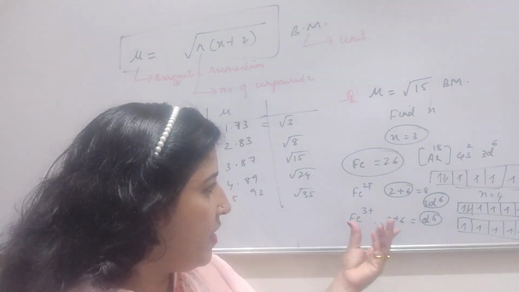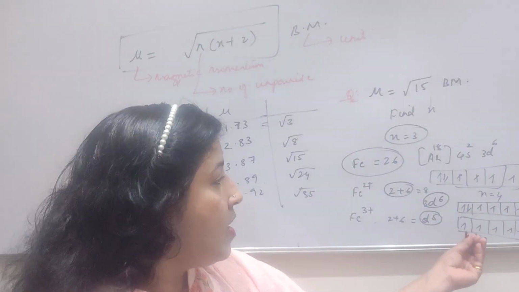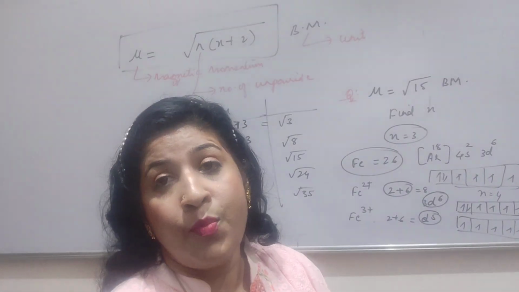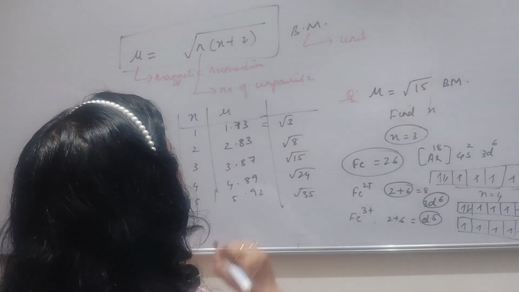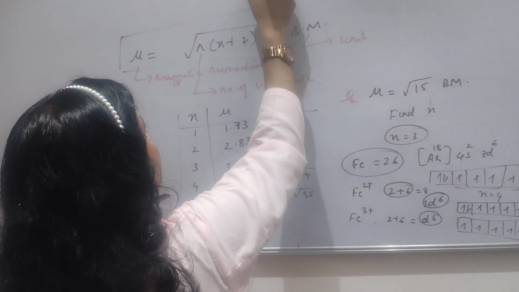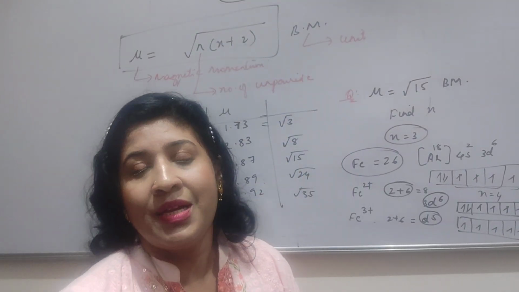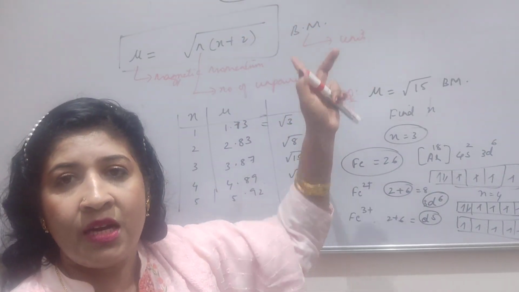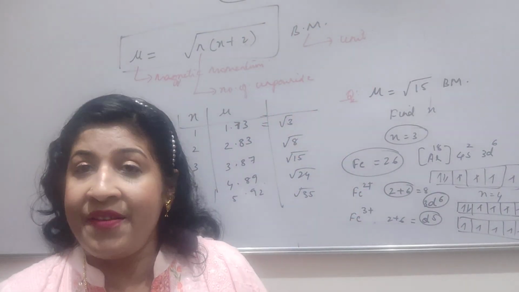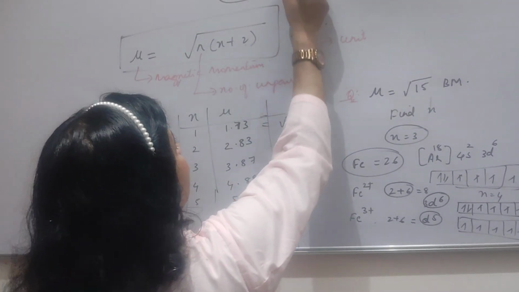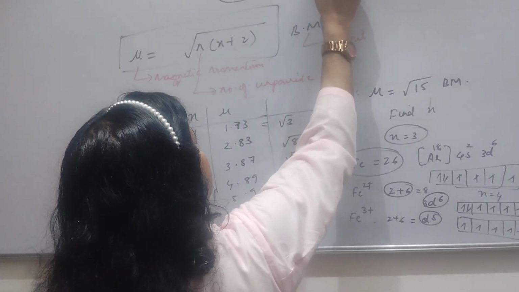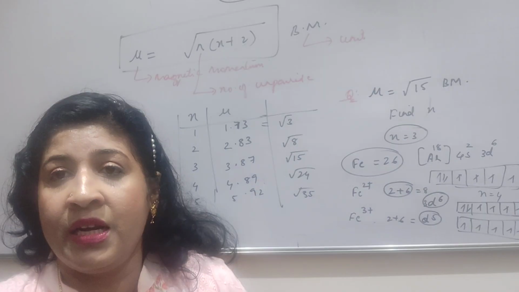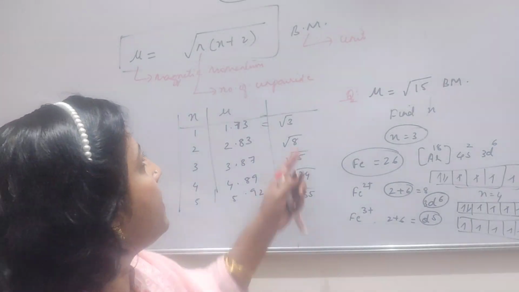So what you understand here is that the more unpaired electrons, the more the magnetic nature. So n is directly proportional to mu, that is, the number of unpaired electrons is directly proportional to the spin magnetic moment. Further, this is also directly proportional to paramagnetism. The more unpaired electrons, the more paramagnetic it is.